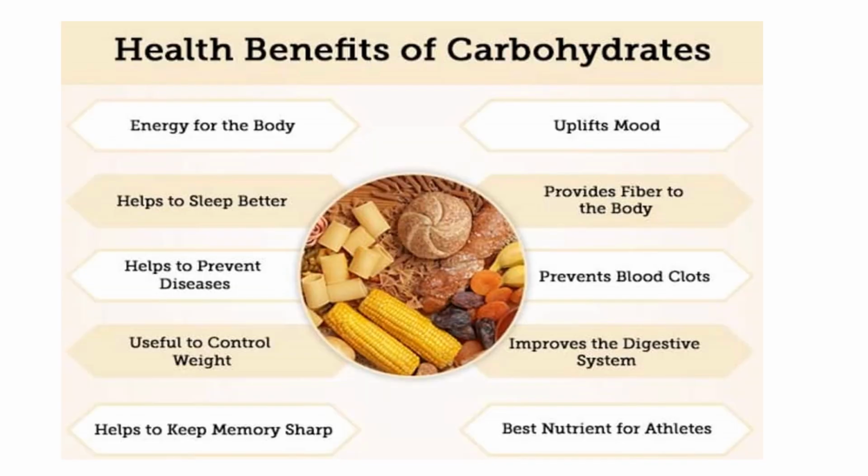Okay, so these are the different health benefits of carbohydrates. It is the source of the main energy for the body, helps you sleep better, helps to prevent diseases, and is used to control weight.